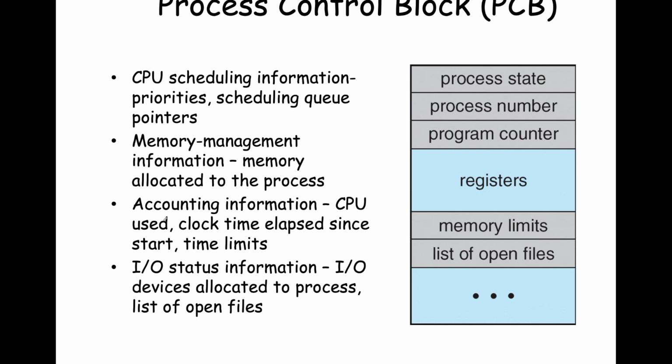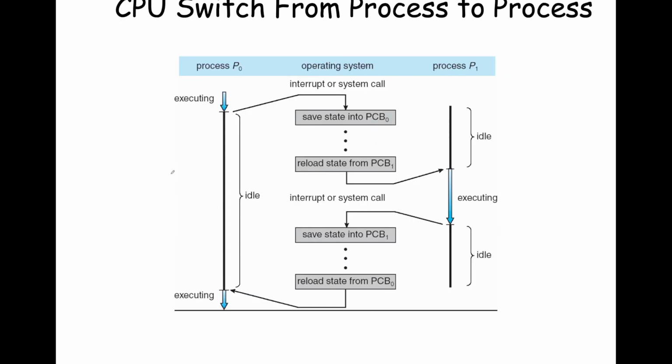That information is written down in the PCB, as well as the status of I/O devices that are allocated, things like files and network connections. Because if you have these resources and the process gets kicked off the CPU and it resumes, well, it has to know what connections do I have, what pieces of memory am I accessing that I've allocated.